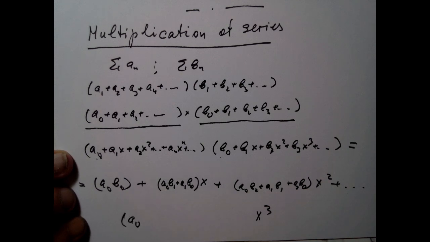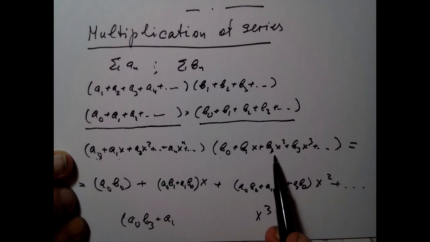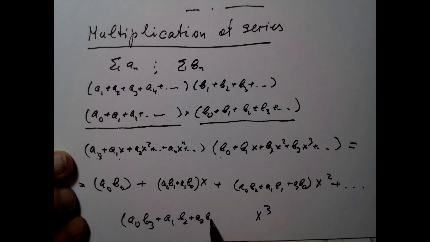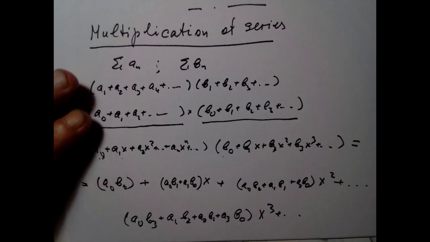I will have a0 b3 plus a1, and then I have to multiply it by b2, plus a2 multiplied by b1 plus a3 multiplied by b0. Do you agree with me? Okay, good.